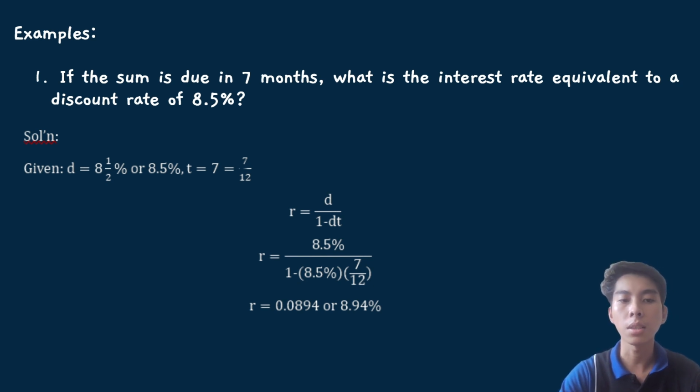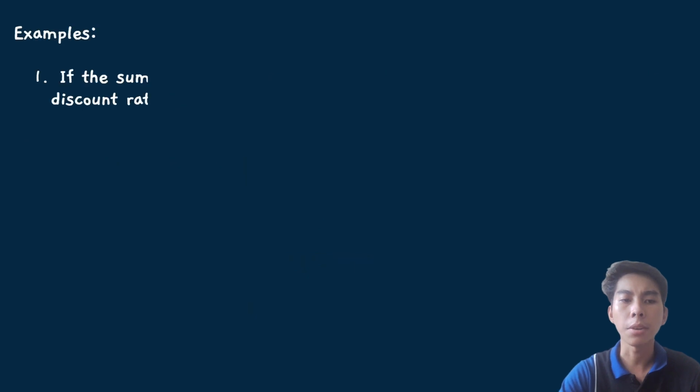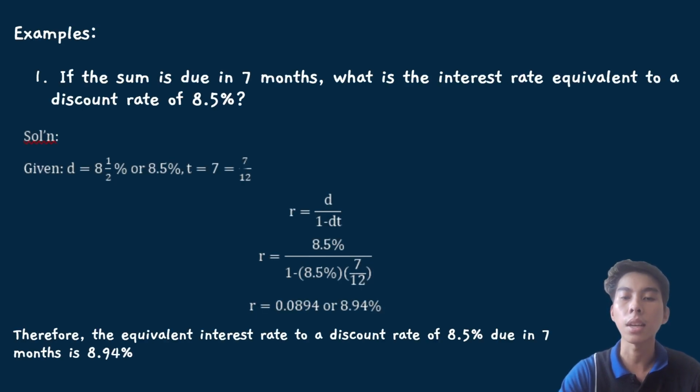So we have R is equal to 8.5%, which is D, all over 1 minus 8.5% times the time, which is 7 over 12. That gives us 0.0894, or converted to percent, 8.94%. Therefore, the equivalent interest rate to a discount rate of 8.5% due in 7 months is 8.94%.